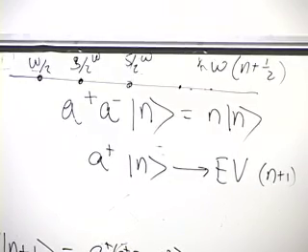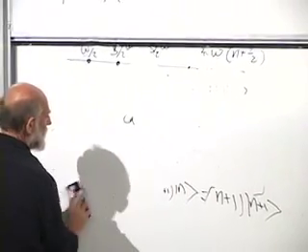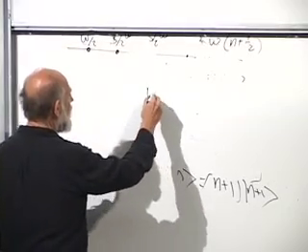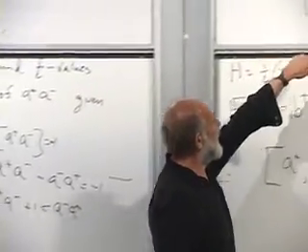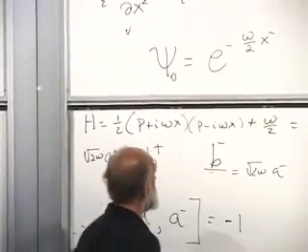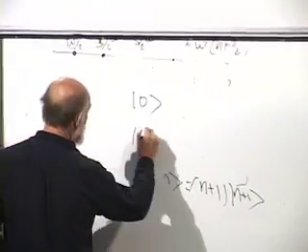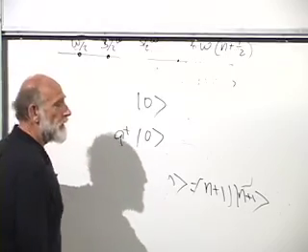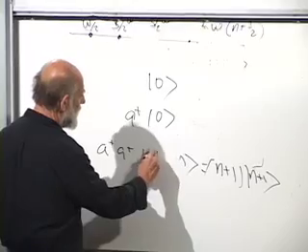Good. So here are all the eigenvectors of the energy. Start with O. What is O? O is the abstract vector associated with this. Multiply it by A plus. Multiply it twice by A plus.